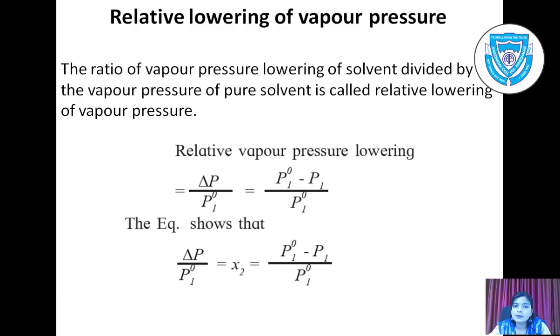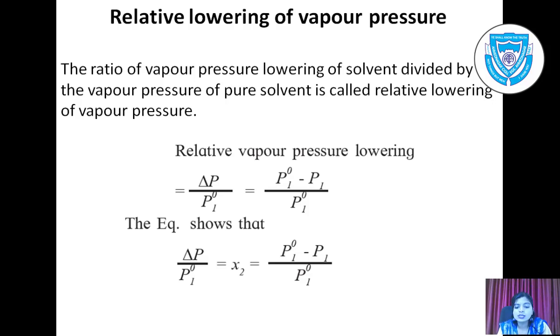So relative lowering of vapor pressure is equal to delta P divided by P01. We have seen this derivation: delta P is equal to P01 minus P1. Dividing both sides by P01, the value remains the same, so delta P divided by P01 is equal to P01 minus P1 divided by P01.